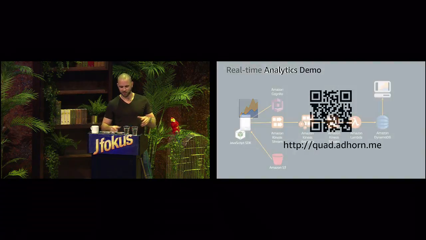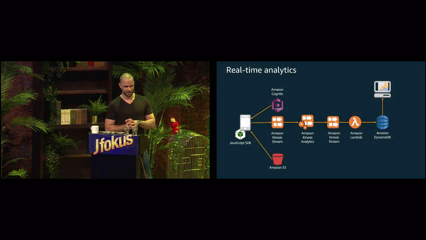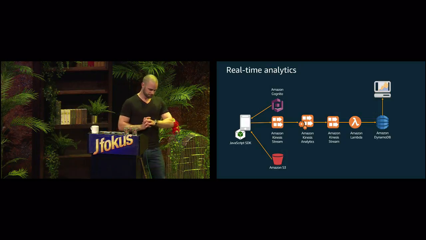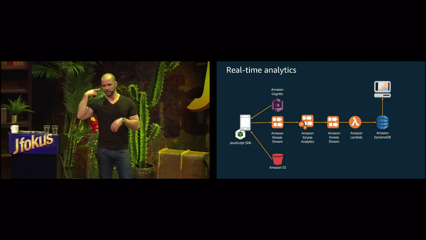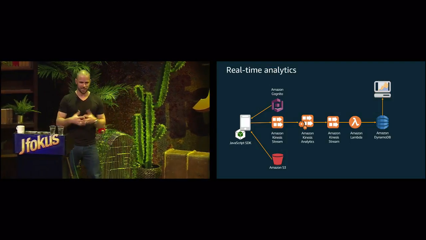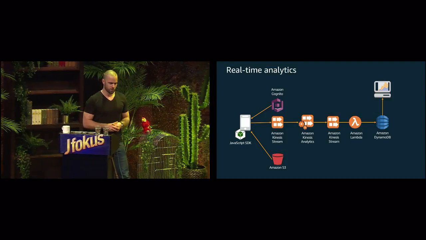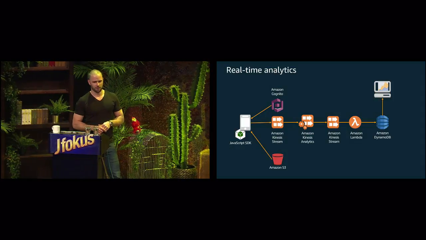But I want to give you the architecture just to show you how this application is built. This is very simple. When you click on the URL, it goes to an S3 bucket and downloads a web page, which loads some JavaScript libraries.